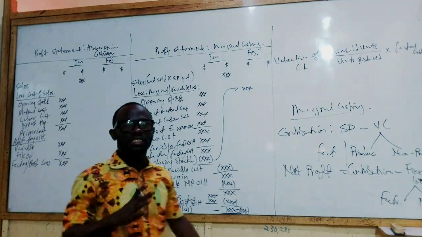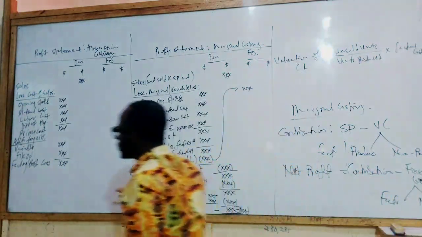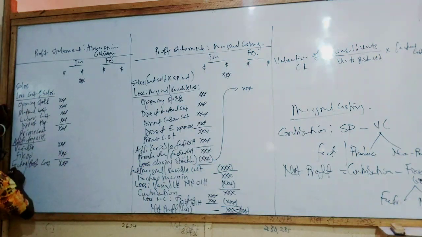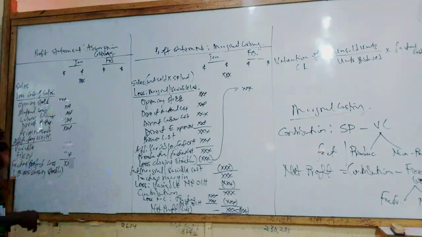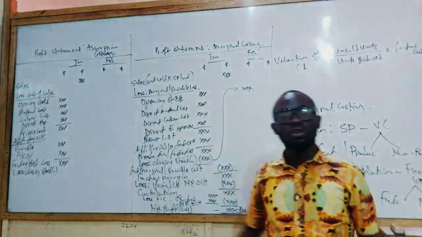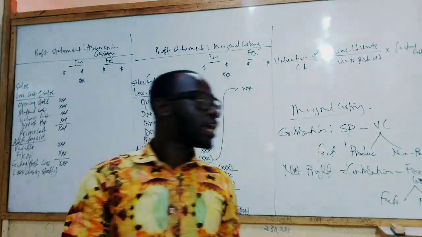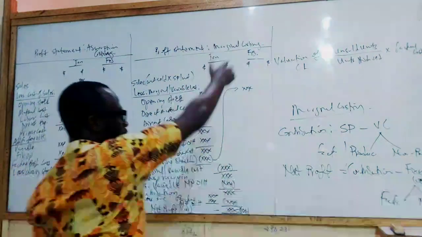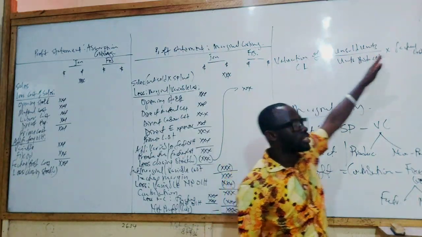Now, once we get the factory or production cost, what do we do? We less opening stock. Sorry, closing stock. So less closing stock. Again, you're going to be doing the workings for the closing stock here. As always, you're going to be doing the workings for the closing stock. So how do you go about the workings for the closing stock? It's the same thing. It's unsold units divided by the units produced times what?